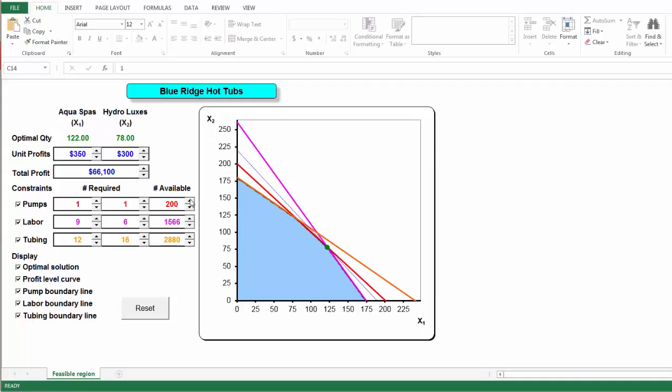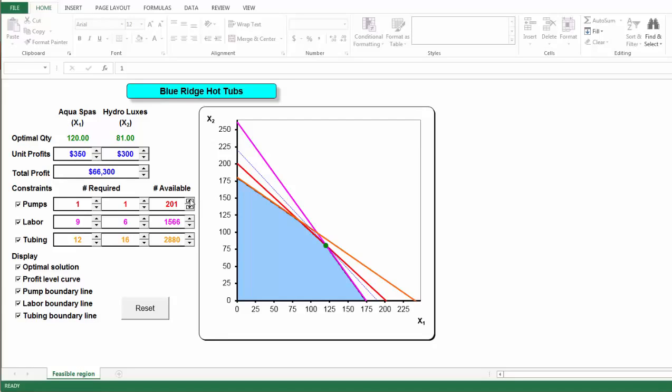When there's one more pump, hopefully you see that the red line shifts to the upper right a little bit, the feasible region gets a little bit larger, and the green dot, or our optimal solution, shifts to the upper left a little. However, there's one thing that does not change. The optimal solution is still given by the intersection of the boundary lines of pump and labor constraints.